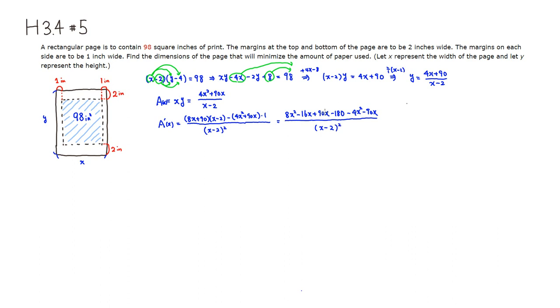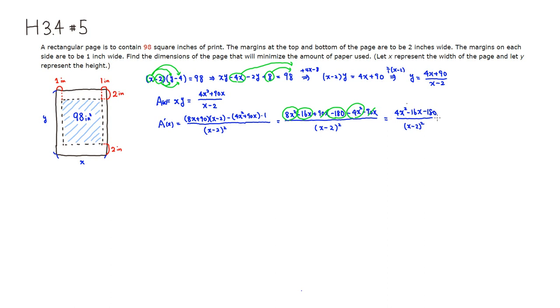So we can cancel 90x minus 90x, and then combine 8x squared and negative 4x squared. We get positive 4x squared. And then the x term would be just negative 16x, and then negative 180, over quantity x minus 2 squared.